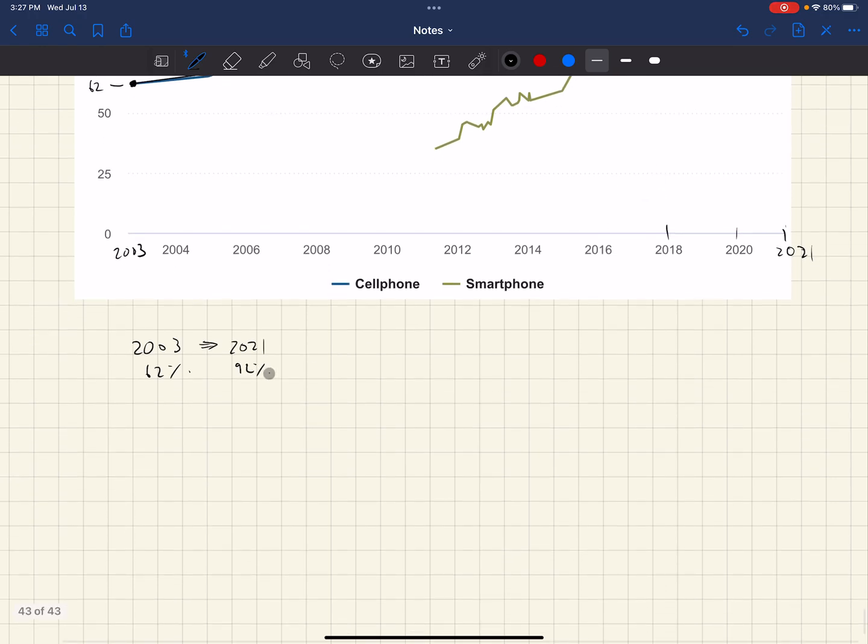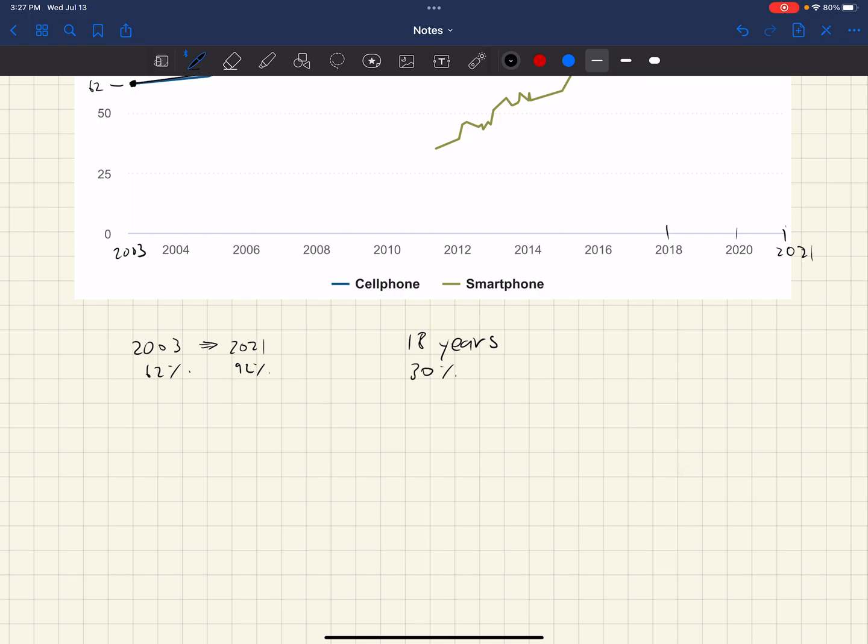As you can see, from 2003 to 2021, that is an 18-year difference. So 18 years have passed. And then the increase from 62 to 92 is about a 30% increase.